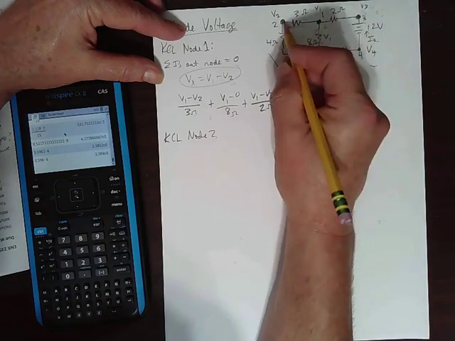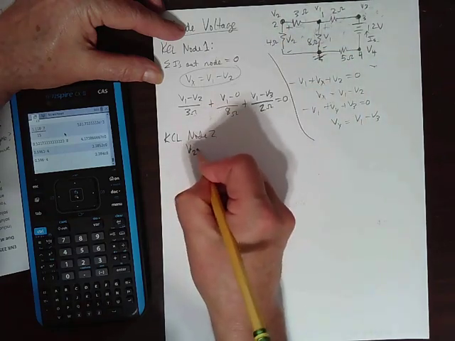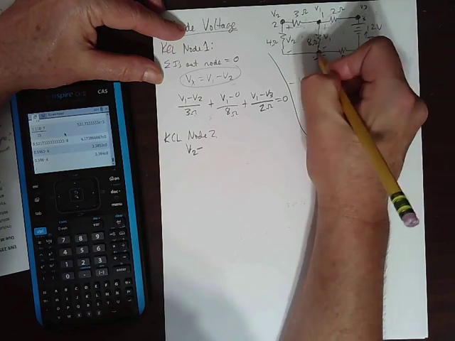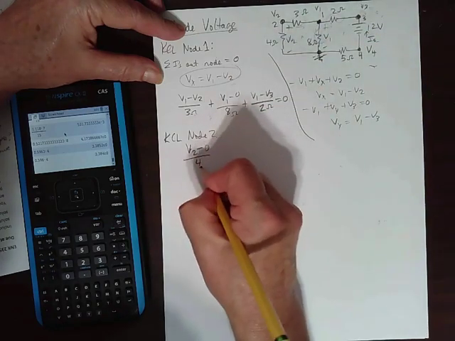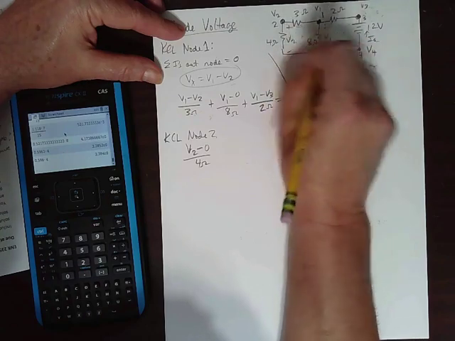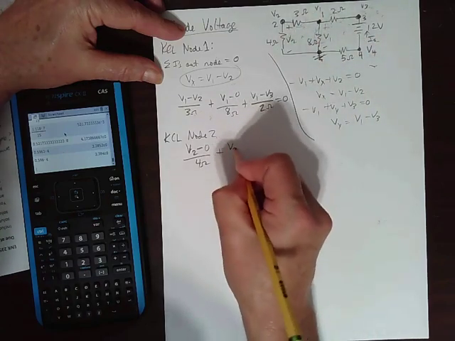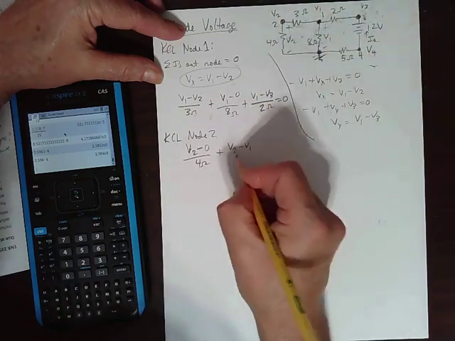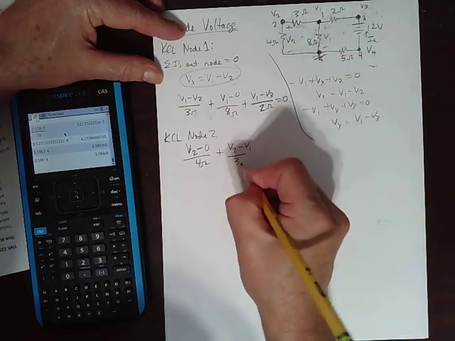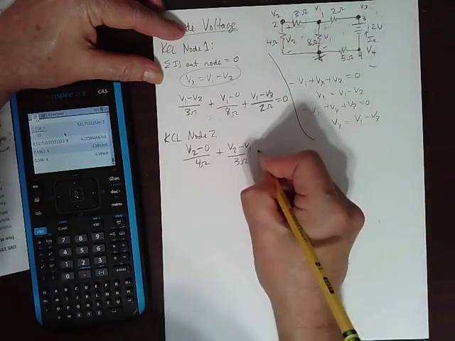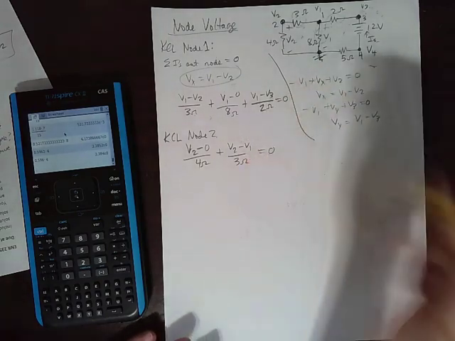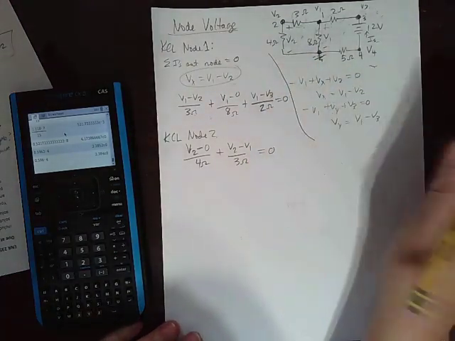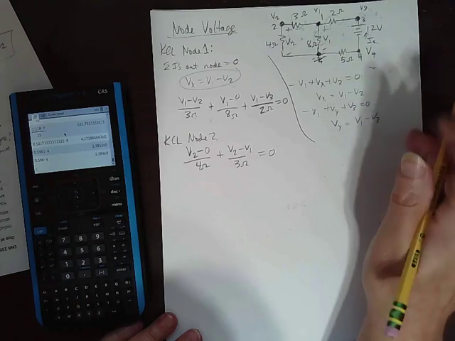Current going down here, we've got V2 minus the neighboring node, in this case 0, so V2 minus 0 over 4 ohms. And then the current going that way is V2 minus V1 over the resistance between them, 3 ohms. There are only 2 branches there, so equals 0. Now we have another equation between those same 2 variables, and we're getting there.